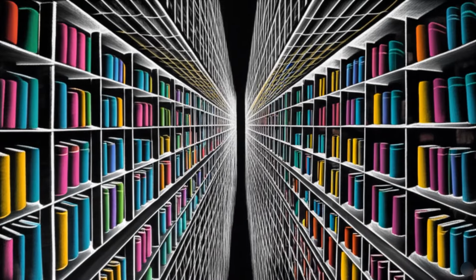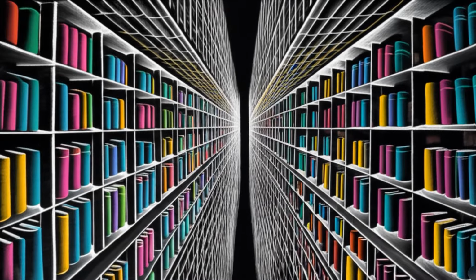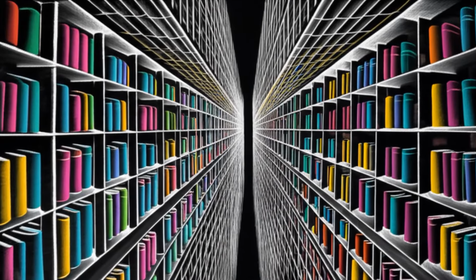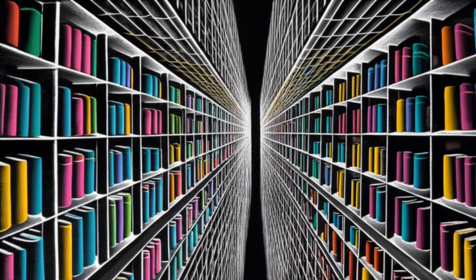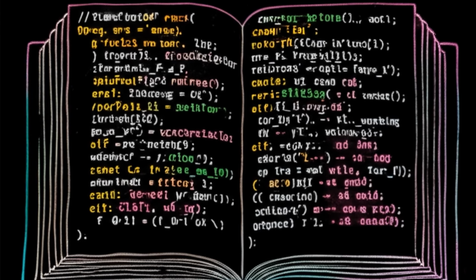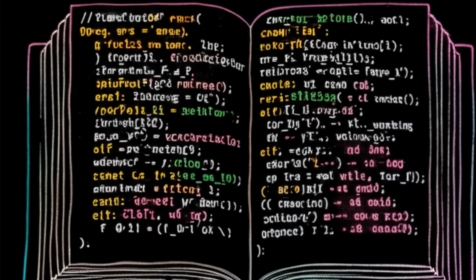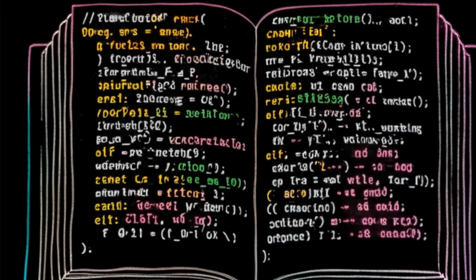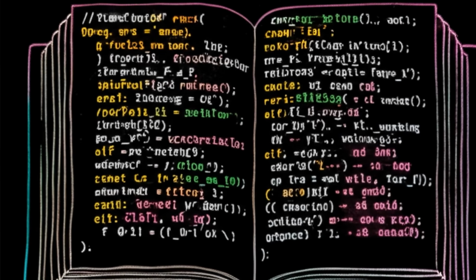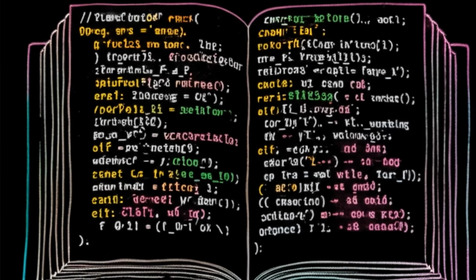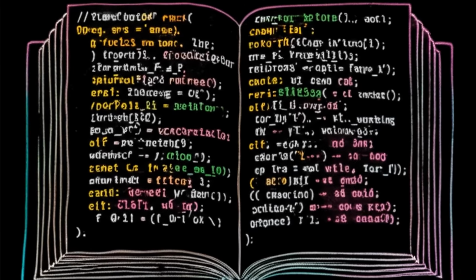The answer begins in a thought experiment, a library containing every possible book. This is the Library of Babel, imagined by Jorge Luis Borges. An AI, specifically a large language model, is like a librarian who has read every single book in this infinite library. It hasn't understood them, but it has memorized the patterns.